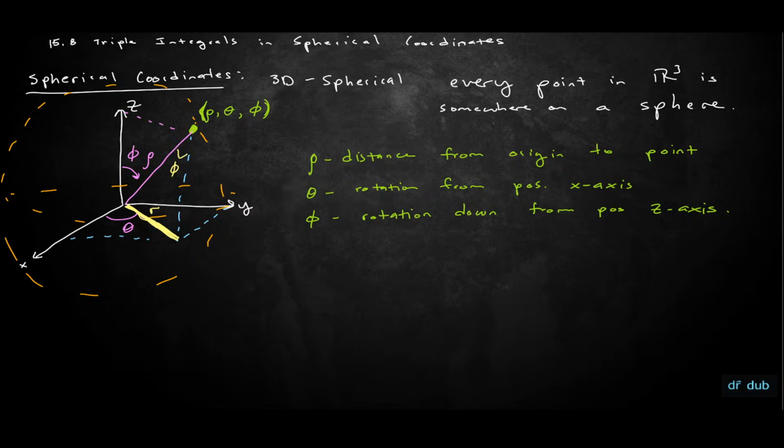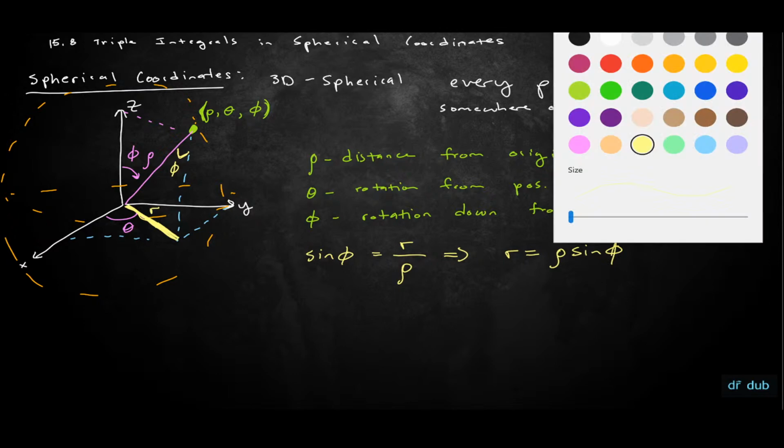So that's also the angle phi right there. So what we could say is that sine of phi is equal to opposite r over hypotenuse rho, or we could say r is rho sine phi. So that's one relationship we want to note.